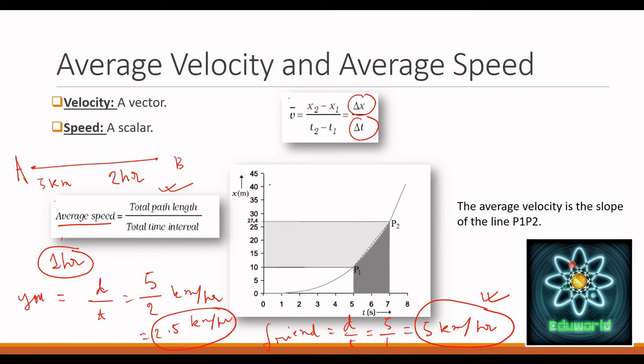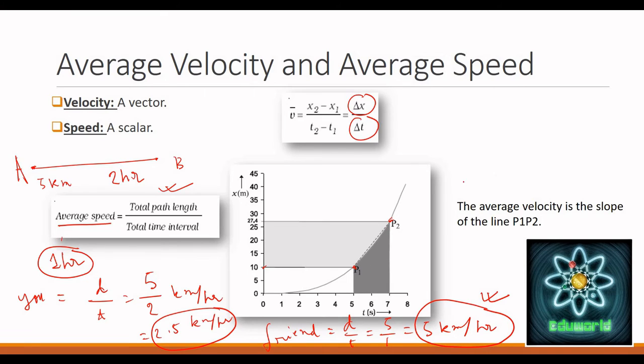Okay, next in this graph we will see that on the x-axis the time has been shown, and on the y-axis the distance has been shown. Say at 5 seconds you were here at P1, so the distance is 10, and at 7 seconds you have come to the point P2, which is 27.4.